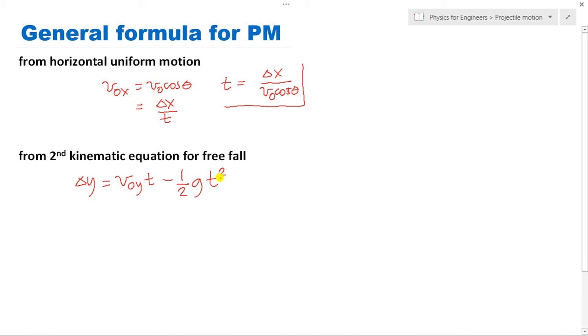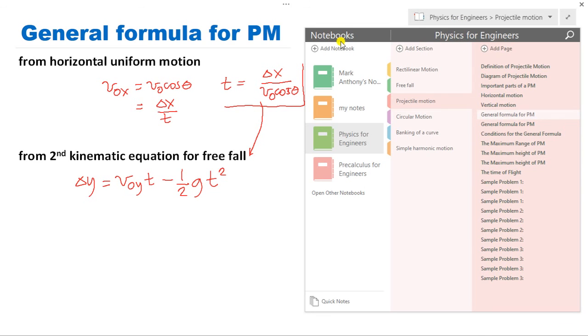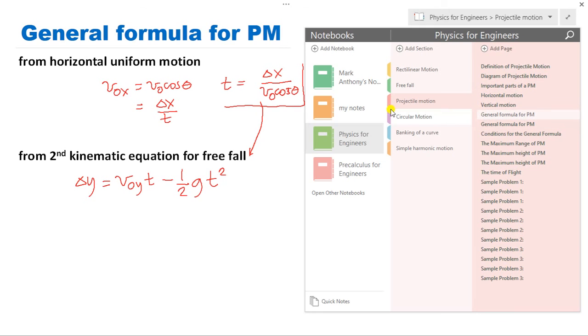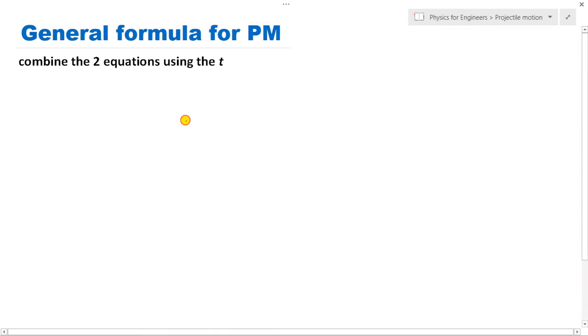And then i-substitute natin yung t dito para ma-eliminate yung t, and then our equation now will be in terms of x and in terms of y. So i-combine natin to. So we have here delta y equals Voy t minus 1/2 g t squared. And next we combine those equations.